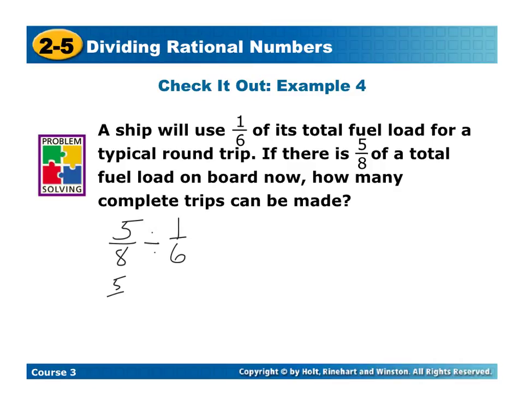So here we're going to have 5/8, and 1/6 is going to change into 6/1. We're going to multiply. 8 and 6 share a common factor of 2. This becomes 4, 3. So we have 5 times 3 is 15. 4 times 1 is 4. 4 goes into 15 3 times, with 3 left over. So they can make 3 3/4 trips.